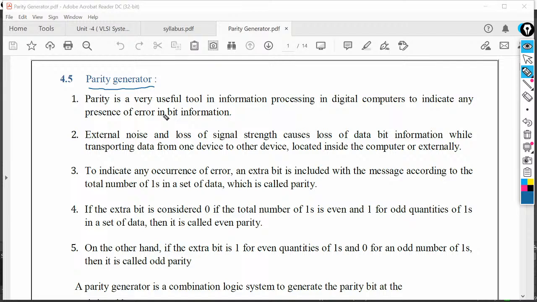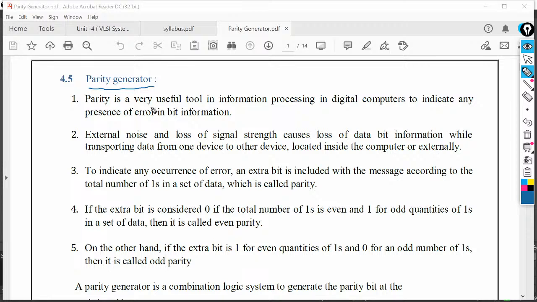When the receiver gets the data stream, at that time first it checks the parity bit, and accordingly it knows the condition of the message, that the number of ones in the data is in an even number, or it is in an odd number.